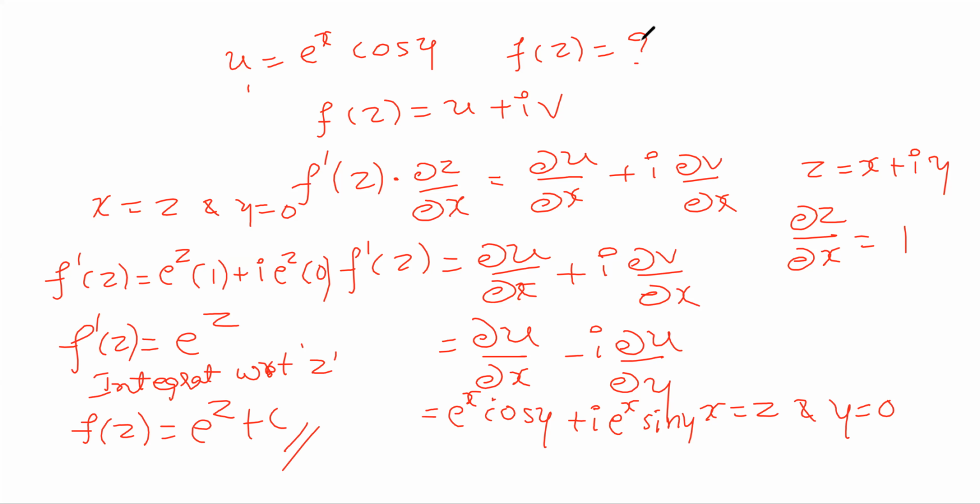So from both methods, we got the same function, f of z equals e power z. Either you find the imaginary part and then the analytic function, or directly use the CR equations with the derivative of the function to find the analytic function.